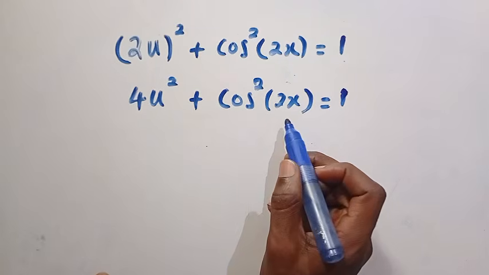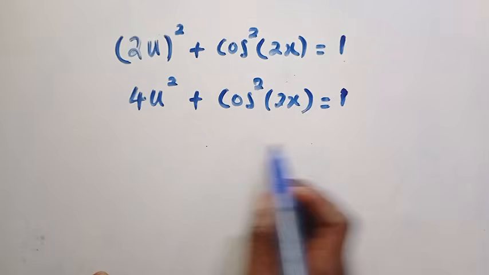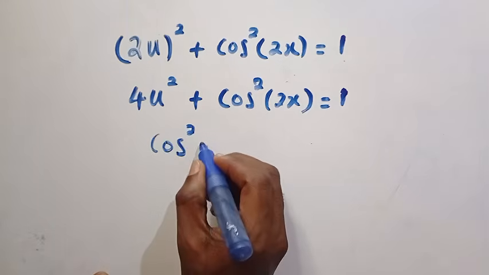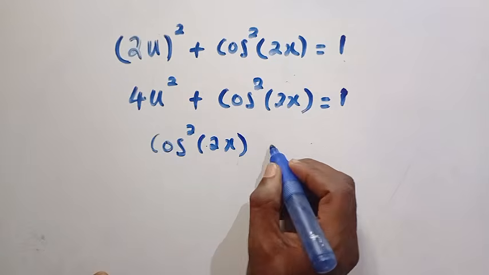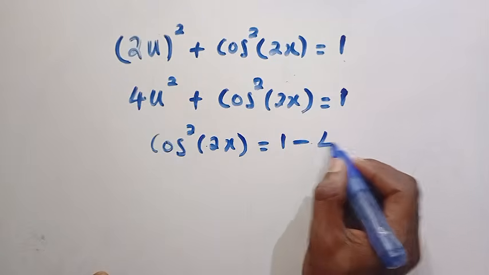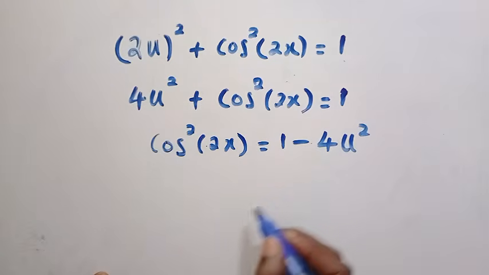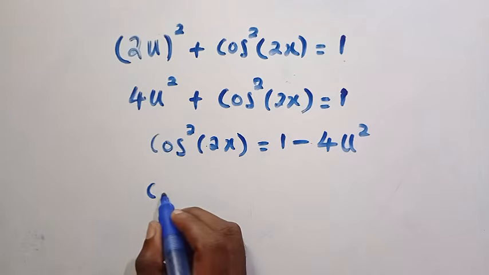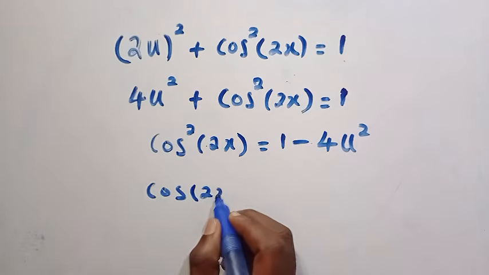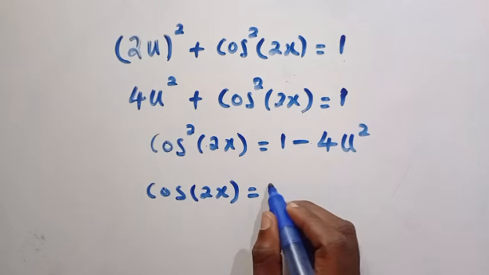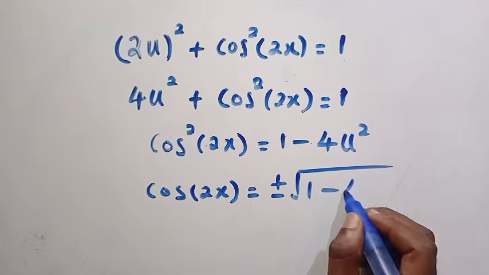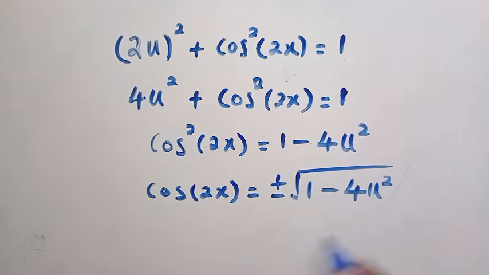So we have to make cos the subject. We transfer this 4u squared to the other side, as we have cos squared 2x equals 1 minus 4u squared. We take the square root of both sides. Here we have cos 2x equals plus or minus the square root of 1 minus 4u squared.